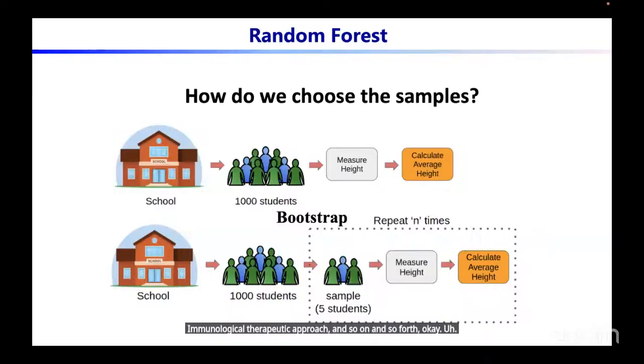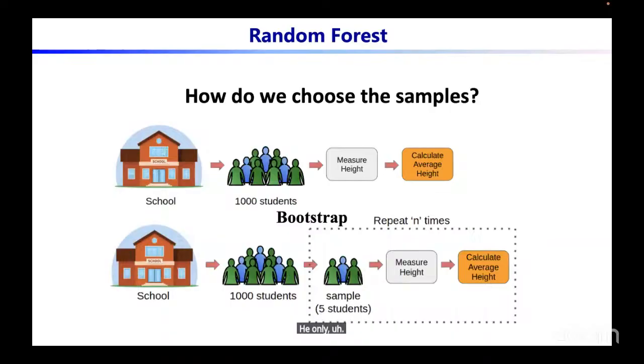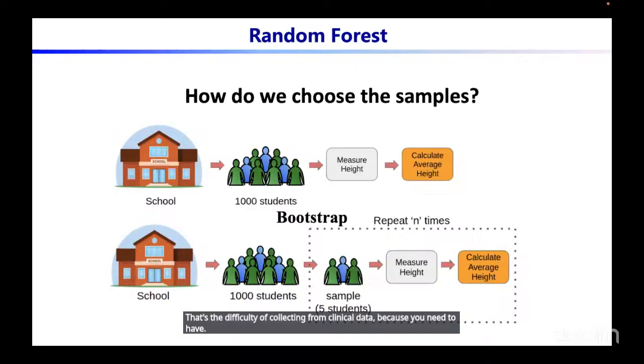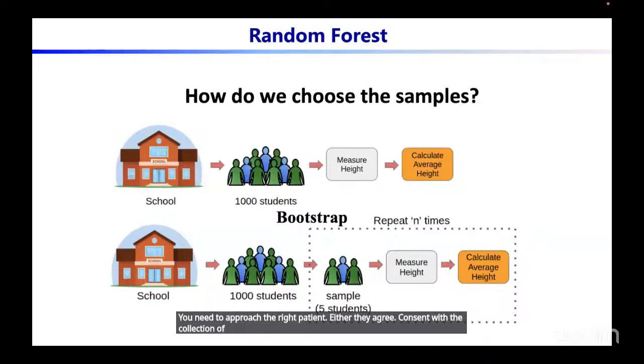So actually, after more than 2 years, he only collected slightly over 100 samples. So that's the difficulty of collecting clinical data, because you need to approach the right patient. Either they agree, consent with the collection of their personal data, right?